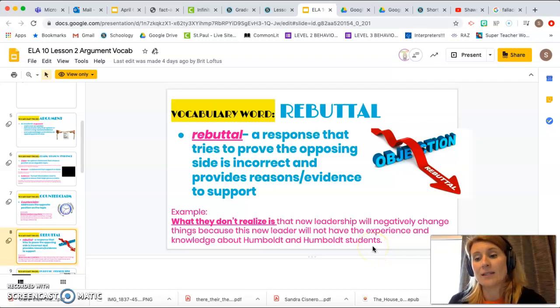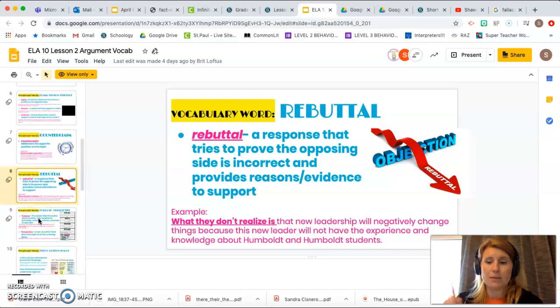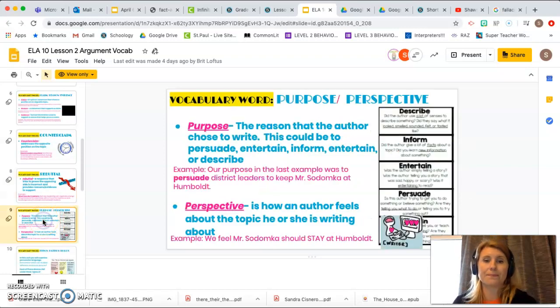So we have taken the other person's opinion and said why it is not right. That's a rebuttal, and we've given evidence to support it. Okay, make sure you have down the word rebuttal. I'm sure that's probably a new word. All right, and then we're going to go to the next slide.